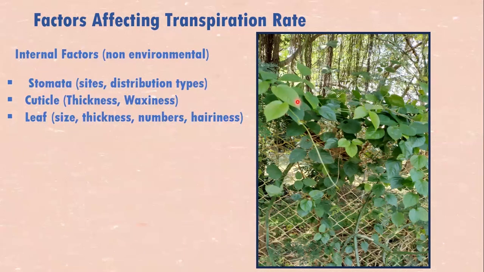Then cuticle, we'll look at cuticle thickness and waxiness in our next lesson. Leaf size, thickness, numbers, hairiness, these are all factors inbuilt in the plant that affects transpiration. So let us now explain how these factors affect the rate of transpiration.